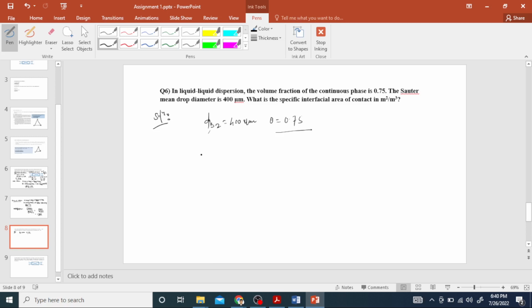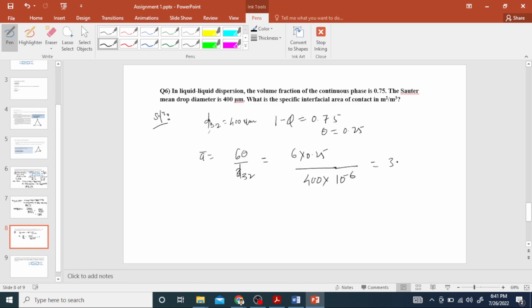So phi is equal to 0.25. Putting all the values in this formula, 6 into 0.25 and 400 into 10 to the power minus 6. So we get 3750 meter square per meter cube, right?